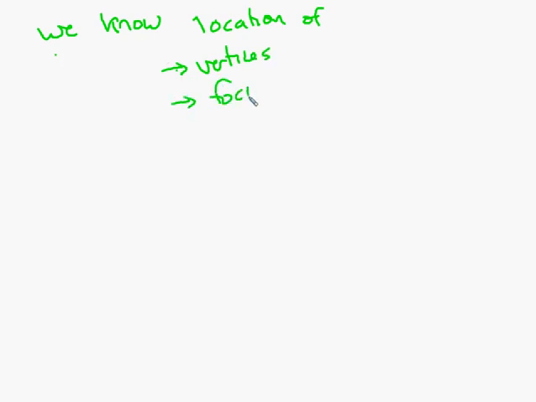Okay, so for a hyperbola, we want to know the location of the vertices, the foci, the equation of the asymptotes. Those were those dotted lines that I was drawing.